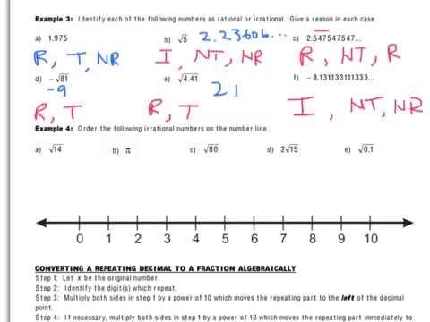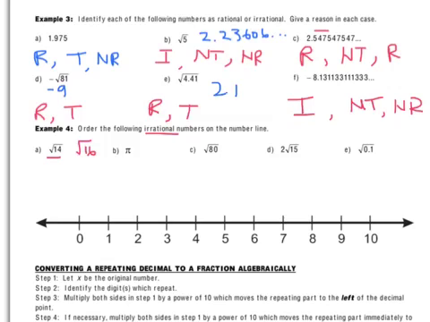Example number 4. Order the following irrational numbers on the number line. Okay, how are we going to do this without a calculator? I think it wants us to estimate what these numbers will be and then order them on the number line. I can't do the square root of 14 in my head, but I know what the square root of 16 is.